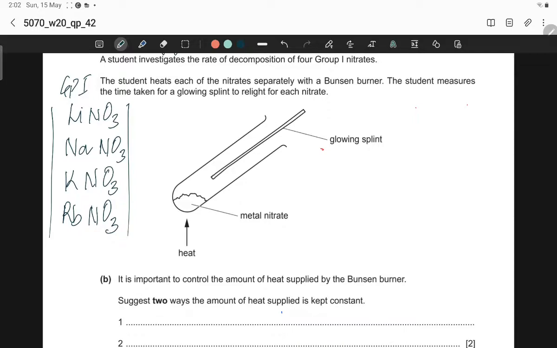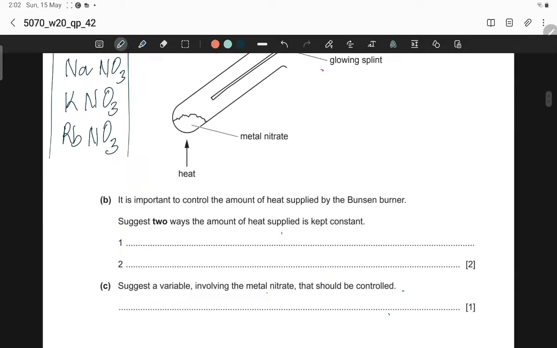It is important to control the amount of heat supplied by the Bunsen burner.